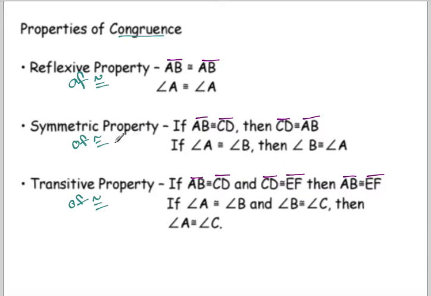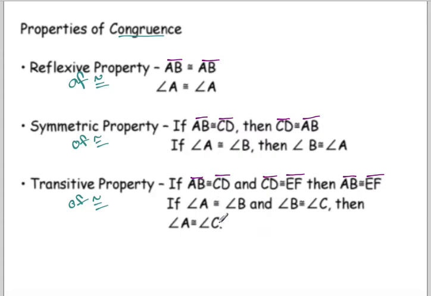Symmetric property of congruence, again, is just flipping the sides of the congruent symbol if you wanted to write it a certain way to make it match your proof statement. And transitive property of congruence, we are going to use this quite a bit. If you ever have a congruent sign instead of an equal sign, and you feel like the answer is substitution, there is no substitution property of congruence.